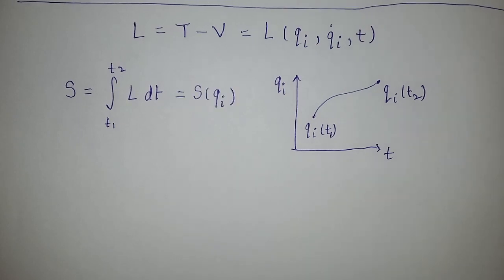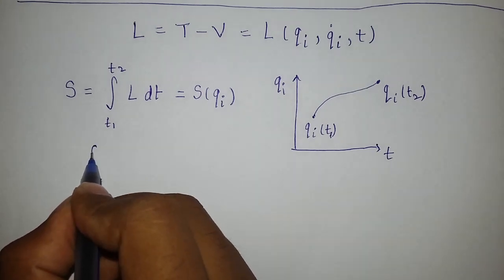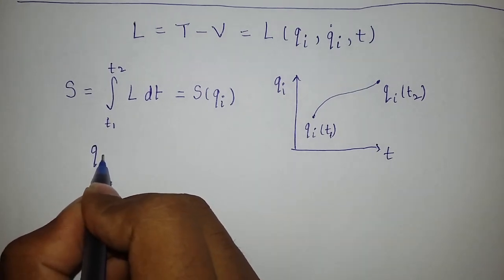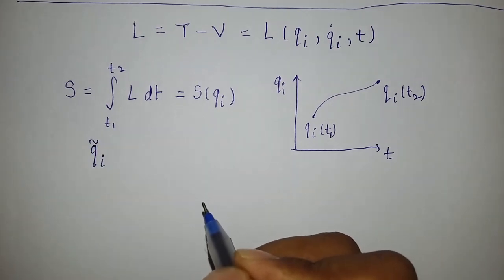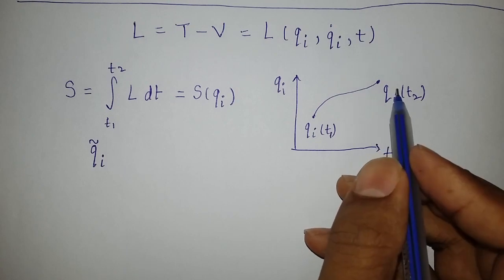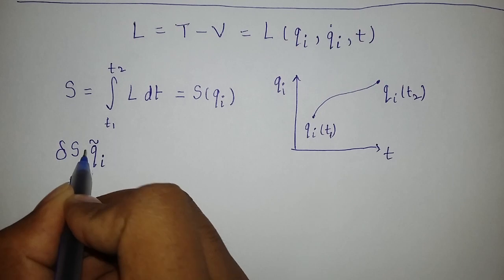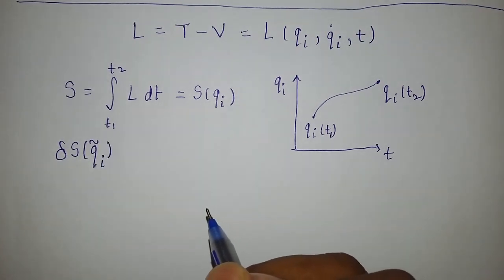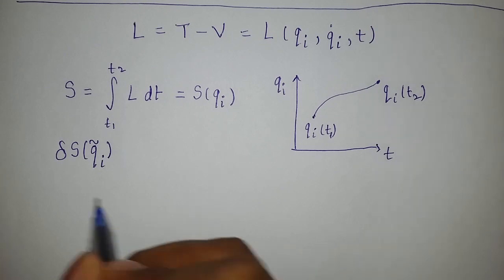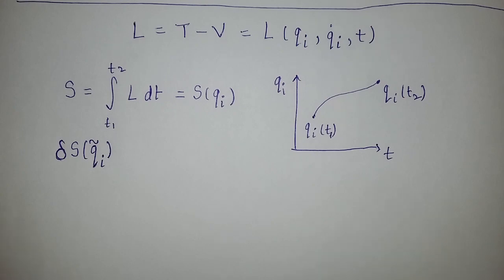Hamilton's principle states that the actual path that the system takes, let us say S tilde, to go from t1 to t2 is such that it is the extremum value of the action, which means the slight variation of S at that path is 0.